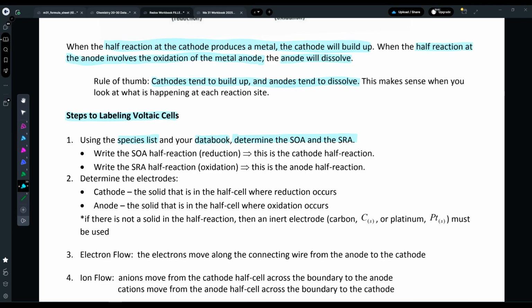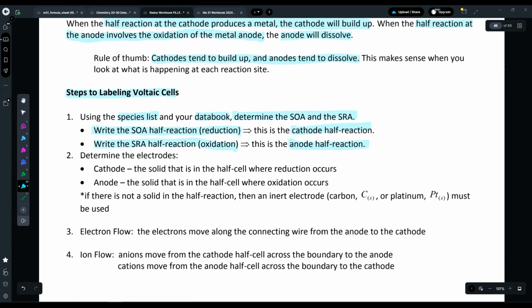Then you're going to write out the SOA half reaction, which is your reduction reaction. So this is the cathode half reaction. Then you're going to write out the SRA half reaction, which is your oxidation half reaction, and that will be the reaction that occurs at the anode.